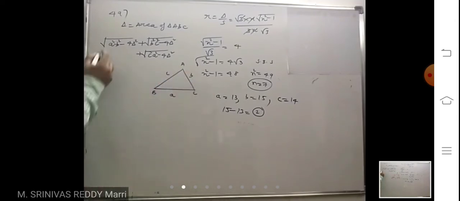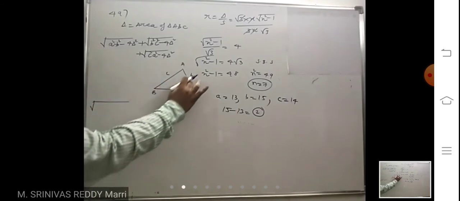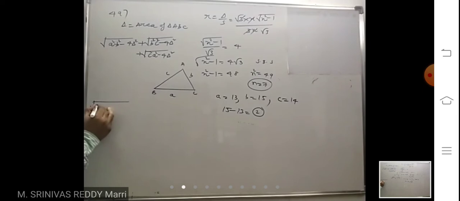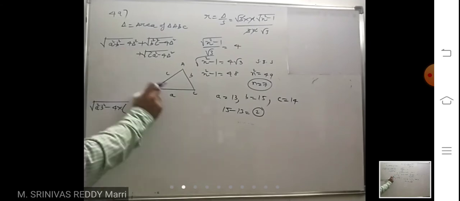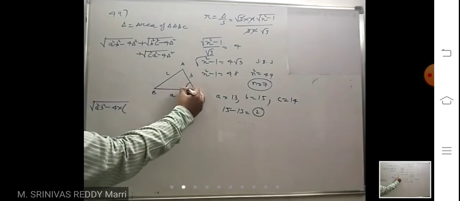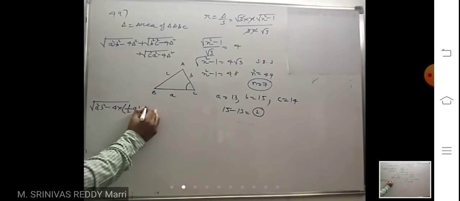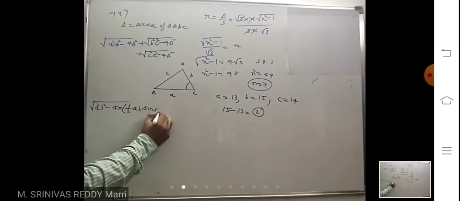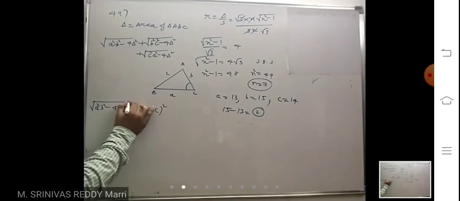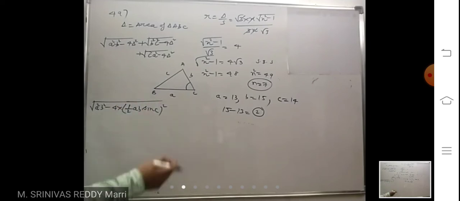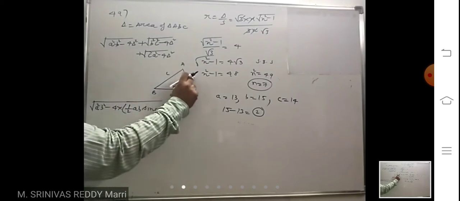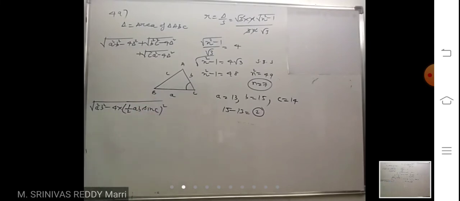First one, as it is in AB, we will write in terms of AB. A square B square minus 4 into delta, which can be written as half AB sin C. Area has a number of formulas: half into the product of two sides into the sine of the included angle.